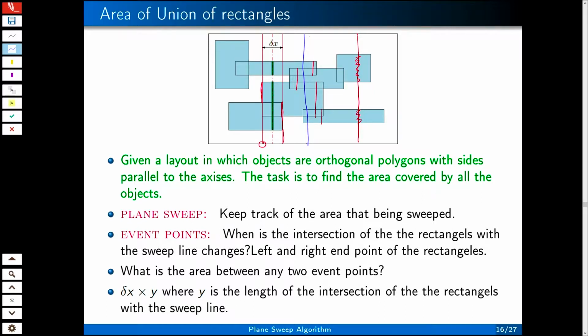And suppose I know how to calculate the length of the union of these intervals, I know somehow. Then the area covered between two consecutive event points is the distance between these two event points multiplied with the union of the length of these intervals, that I am calling y.